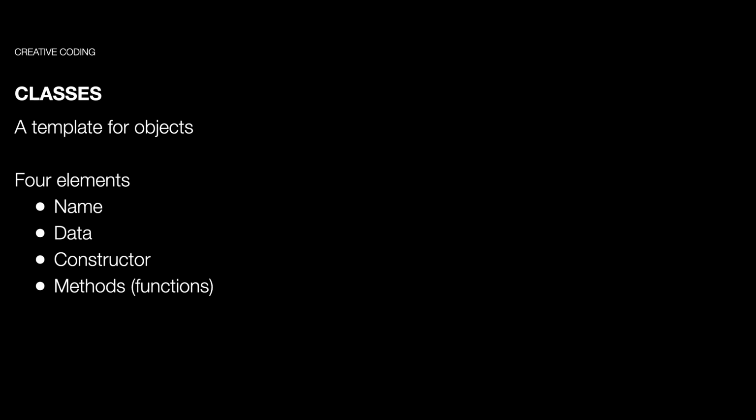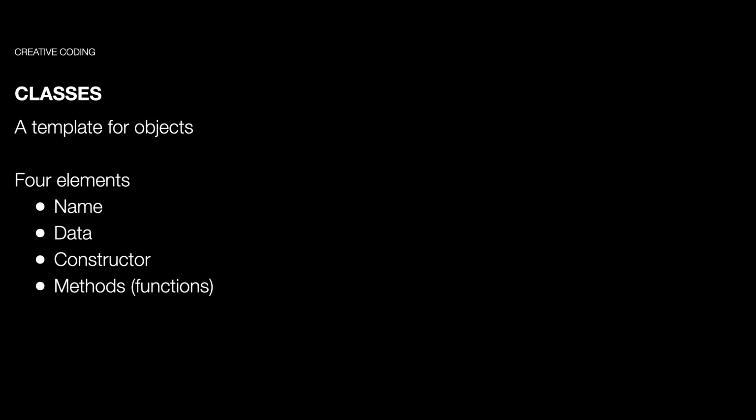The nice thing about creating a class is that you can create objects with different data, so they can be customized a little bit. So to me, it's almost like an assembly line where you can build similar but customizable things.